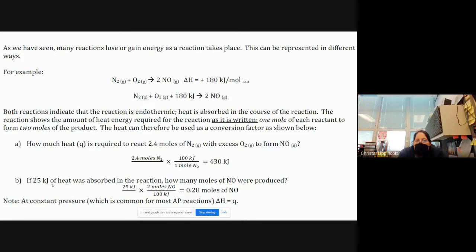If you had 25 kilojoules of heat absorbed, then you could flip that around and figure out how many moles of NO you were producing. Typically, these are always at a constant pressure, so you don't have to worry about pressure changes.